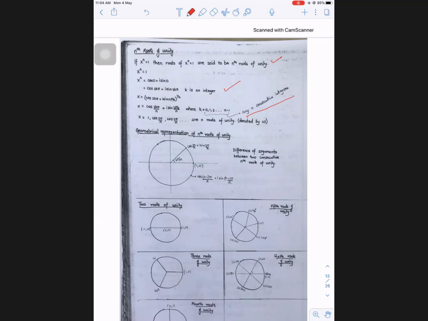So from that, our nth roots of unity are 1, cis 2 pi by n, cis 4 pi by n, and so on, up to cis 2 pi into (n minus 1) by n. So these are the nth roots of unity.